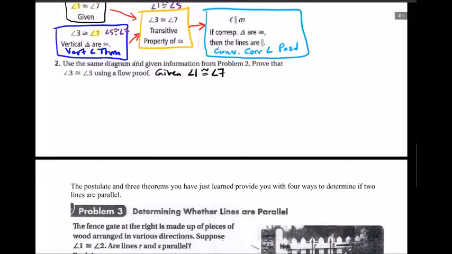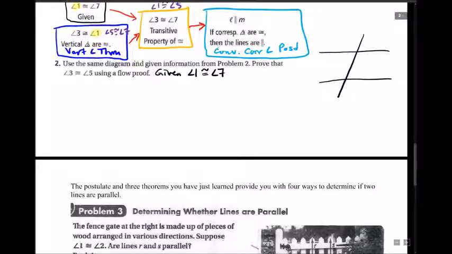So let's redraw our diagram. What do we have? 1, 3, 5, 6, and 7. Let's put arrows on everybody. And we are given that angle 1 is congruent to angle 7.